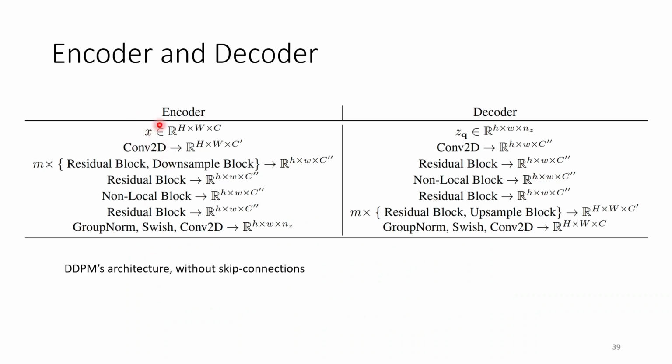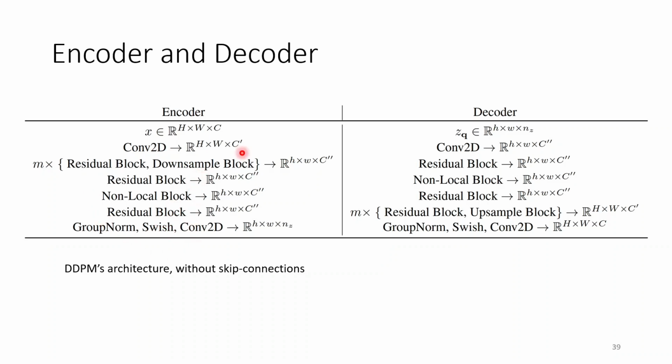Let's see, this is the architecture of their encoder and decoder. Given an image, they use a convolutional network, and through several residual blocks, then there is a non-local block. What is non-local? We have seen it before. It is just self-attention on certain feature maps.